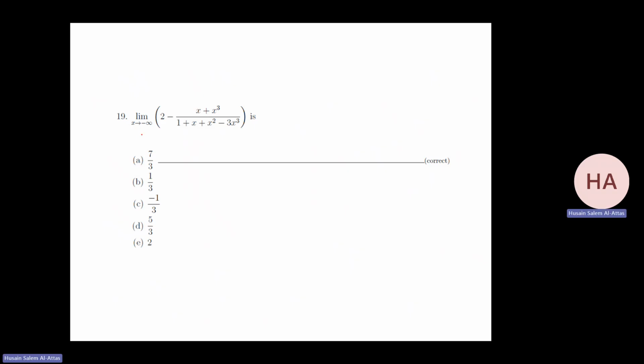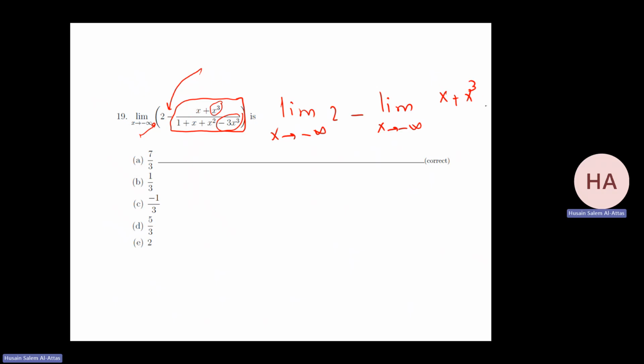Now this one, this is just a number, who cares? We have what? The leading coefficient. So what is the leading coefficient? I have this and this. So this will be 2 minus, this is minus this in the equation. Now this one you have what? 1 over minus 3. Or you can do it in detail. We say this is the limit as x goes to minus infinity of 2, minus the limit as x goes to minus infinity of this expression.